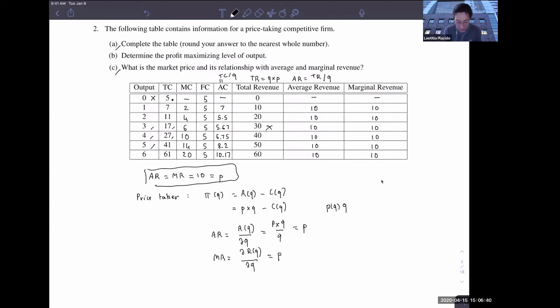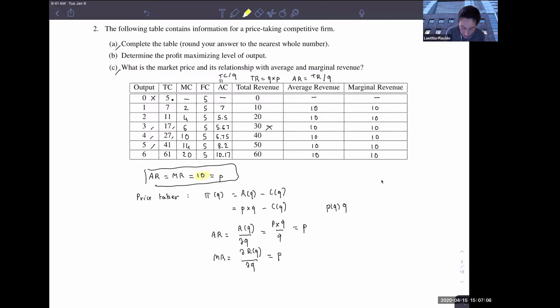So let's answer sub-question B here. What is the profit maximizing level of output? So what do we know about profit maximization? Well, we have just seen that the firm is going to determine Q star such that marginal cost equals marginal revenue. So what is marginal revenue here? Well, marginal revenue is 10.